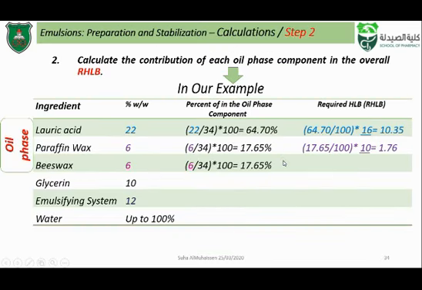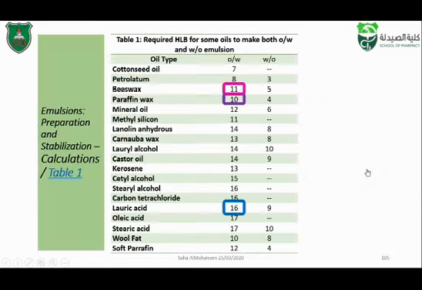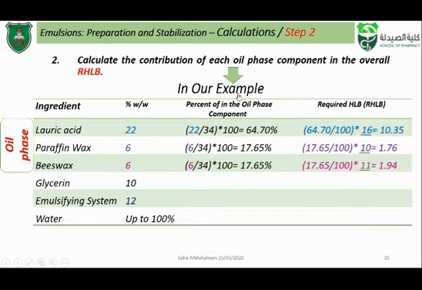And for beeswax, it is its fraction times 11, which is the required HLB of beeswax to form an oil and water emulsion. Again, this is the value of required HLB for beeswax to form oil in water emulsion.